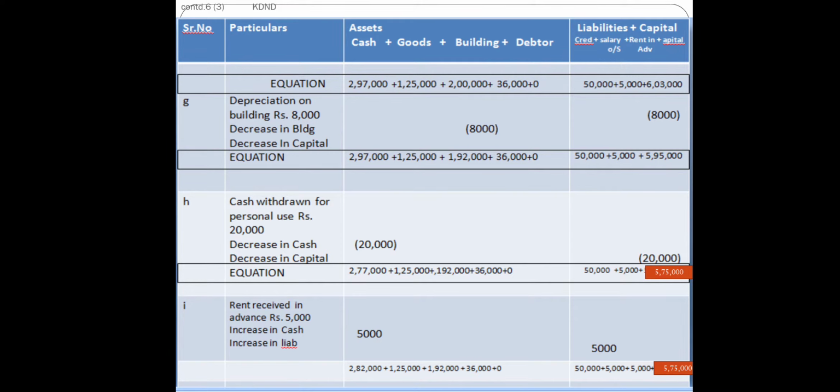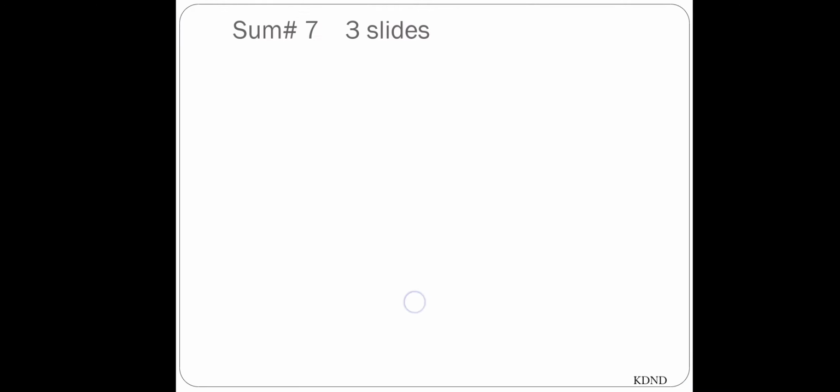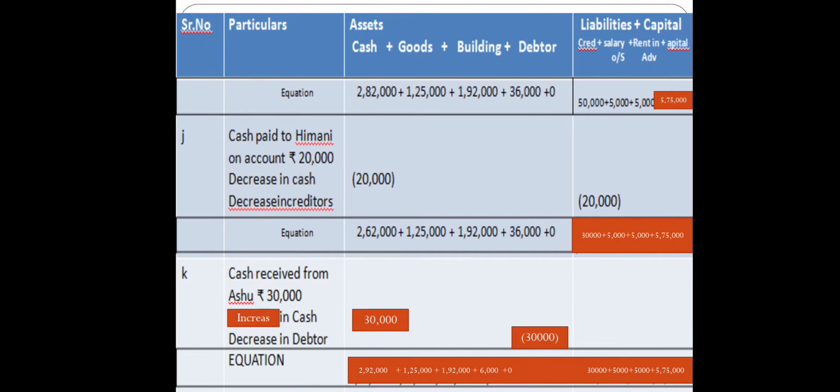Now we are moving towards the next transaction. The next transaction gives you cash paid to Himani. The balance should first be carried forward, and then cash paid to Himani on account, 20,000. Now who was Himani? Himani was a person from whom we purchased goods on credit. Because transactions are in chronological order, they come one by one and may affect a previous one also.